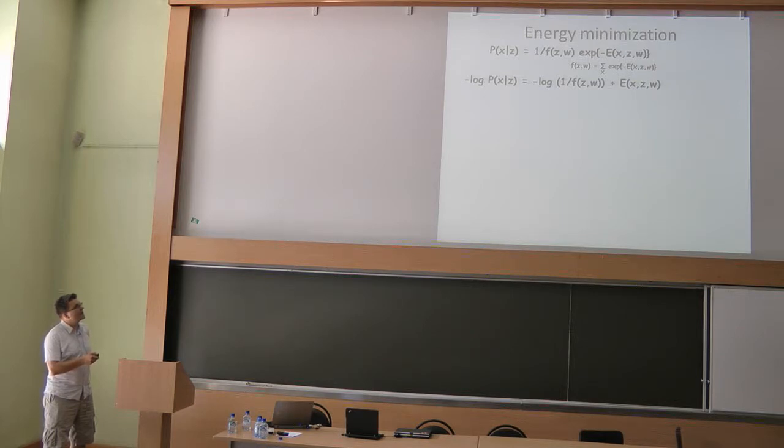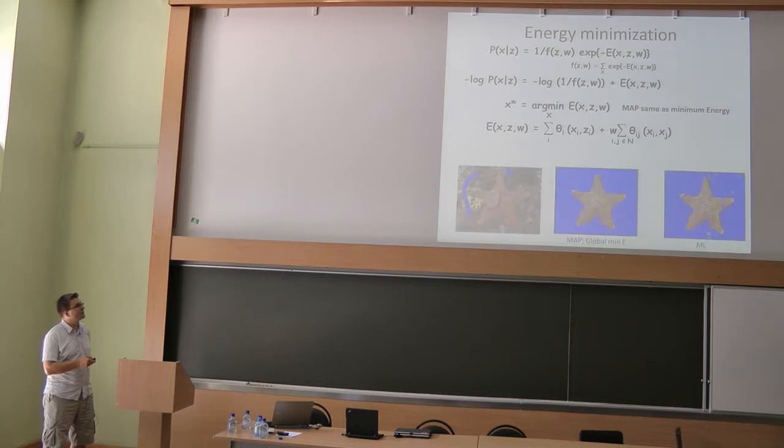Now since this partition function is independent of x, which we normally maximize over, taking the maximum of that posterior is the same as taking the minimum of that energy, because the minus turns the max to a min, and the log doesn't change anything about being a minimum. So this really says that maximizing this posterior is the same as minimizing the energy, and we can just talk about energy minimization. So we've got an energy here, we have an x, and we minimize over that, that's an x star. And this is the underlying energy.